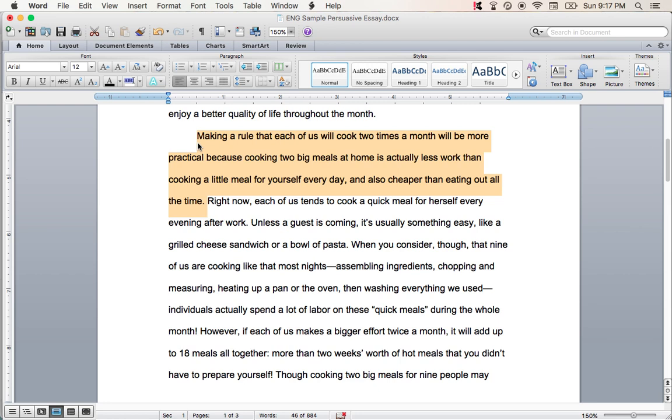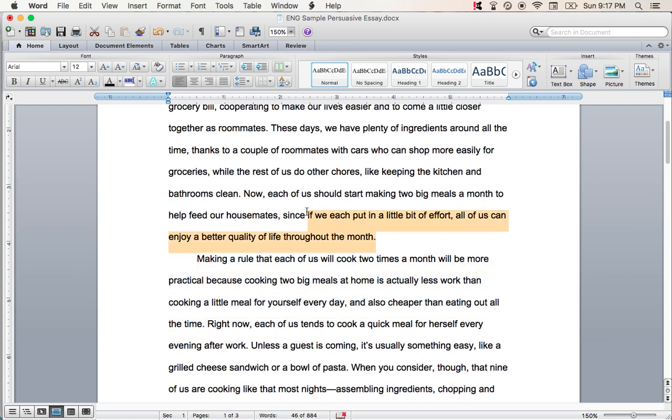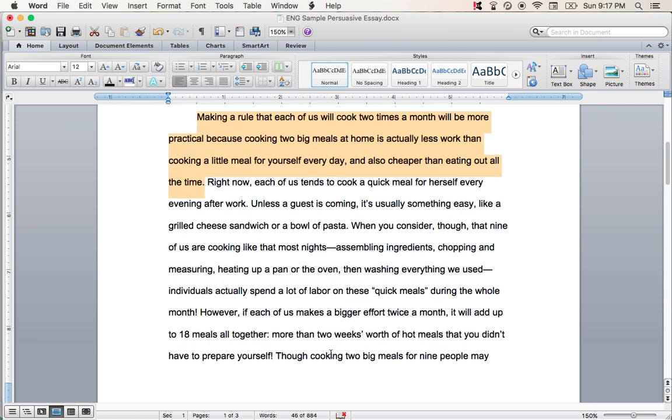And a topic sentence is usually the first sentence of a body paragraph. Just like the thesis statement is at the end of the introduction and it gives the main idea of the whole essay, the topic sentence is at the beginning of a body paragraph and it gives the main idea of just that paragraph, not the whole essay.